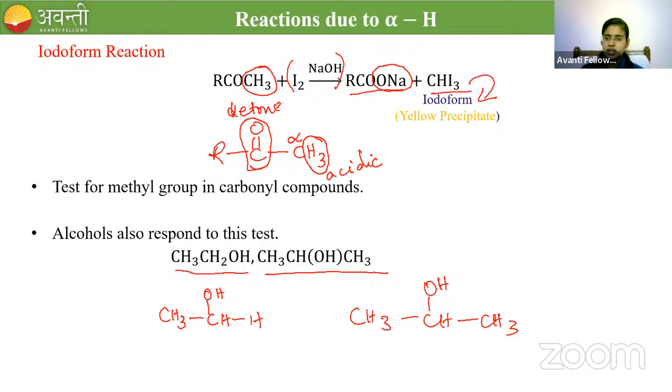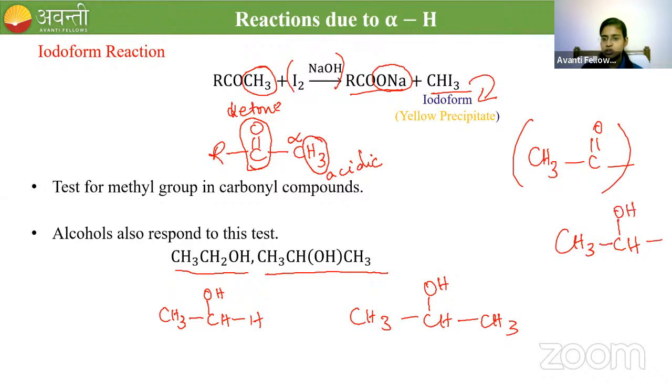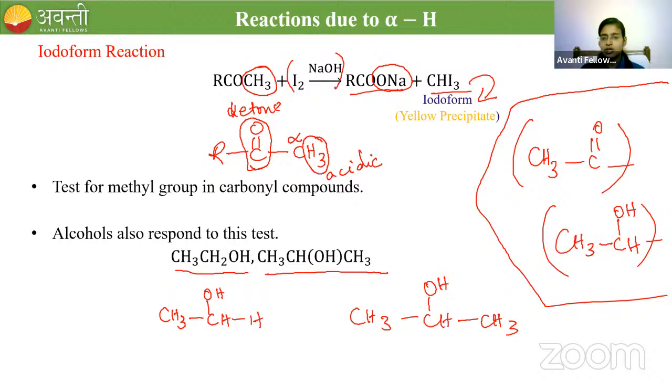I will give you a trick. The compounds which contain CH3C double bond O group and CH3CHOH group will give the positive result for iodoform reaction. Otherwise you will not get the iodoform as a yellow precipitate, and it will not respond to this test.